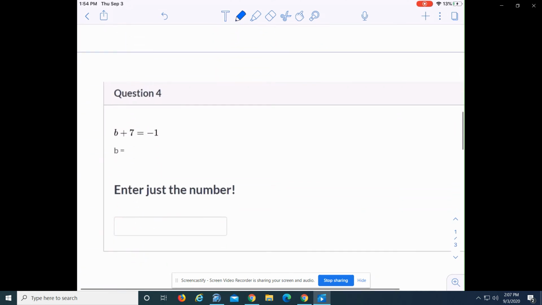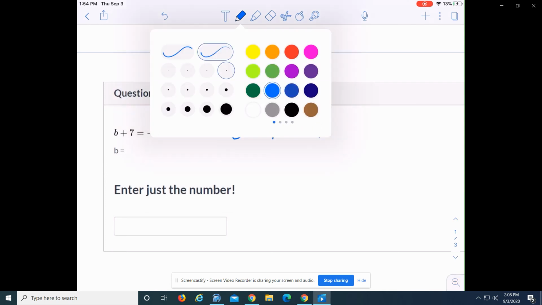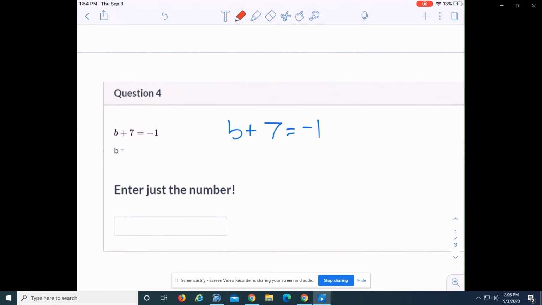The next question says b plus 7 equals negative 1. And so since it says plus 7, I'm going to undo that by subtracting 7 on both sides of the equal sign. And so, as you've probably figured out by now, these cancel out, b drops down, equal sign drops down.